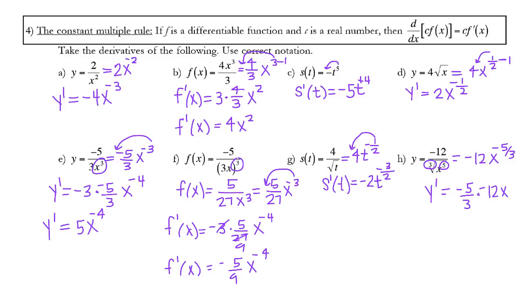And then x, and if I subtract 1 there, I'm going to get negative 8/3. And we do need to simplify here. 3 will cancel into 12, leaving 4. Our negatives do cancel. So y prime is equal to 20 x raised to the negative 8/3.